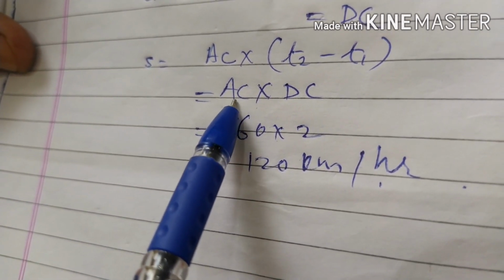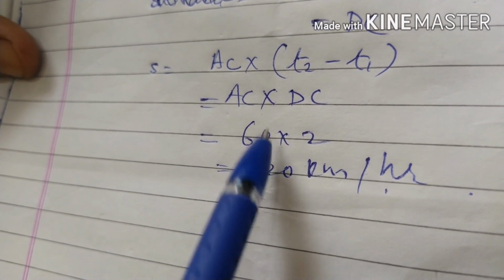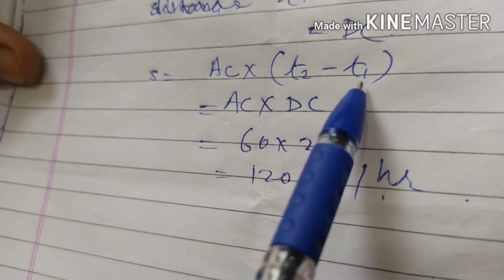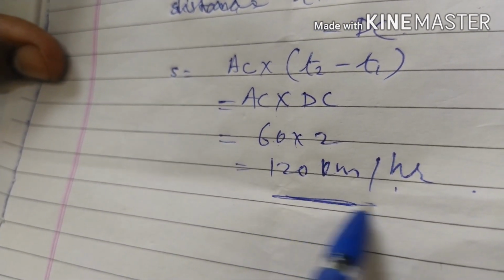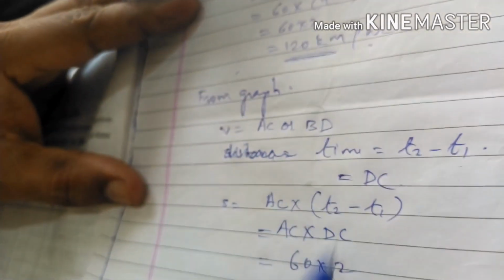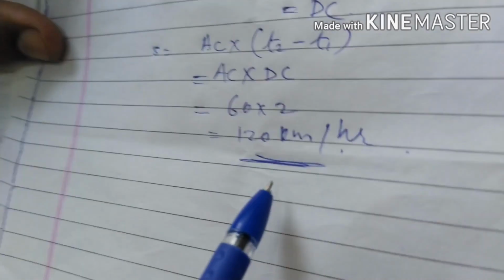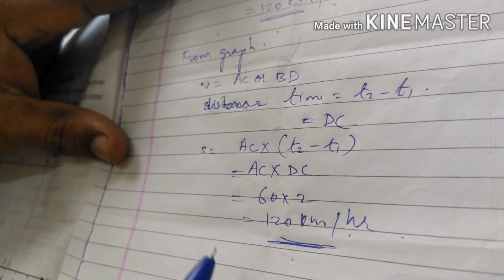Now again I will write the value of AC: AC is 60, and the value of DC is 4 minus 2, that is 2. So it is equal to 120 km. So this is the same, mathematically and with the help of the graph. Finally I can say that the acceleration is 0 here.